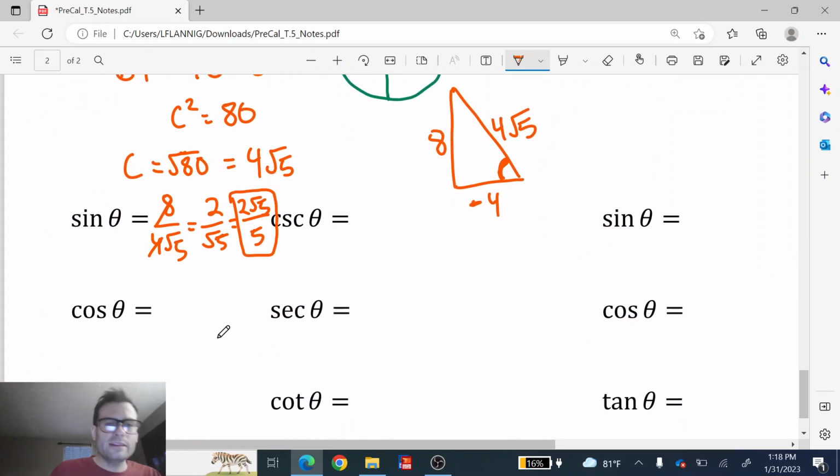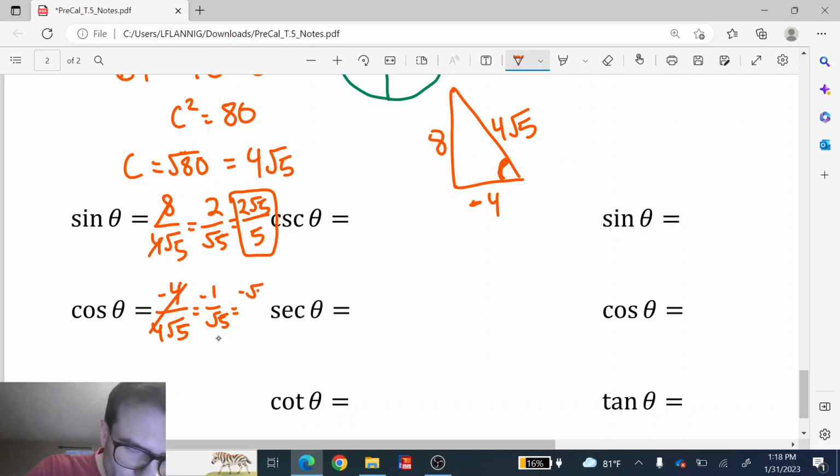The cosine, again, is the adjacent over the hypotenuse. So the adjacent is negative 4, while the hypotenuse is 4 roots 5. These can cancel out, leaving you with just negative 1 over the root of 5. And then you can multiply by square root of 5 over square root of 5, and that will give you negative square root of 5 over 5.